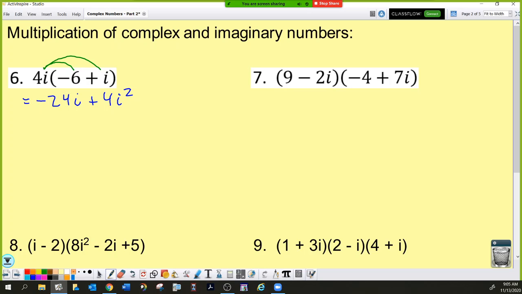Your answers must be in standard form. That means a plus bi, real stuff in the front, imaginary stuff in the back, no powers of i. I have a power of i here. It's i squared. But what does i squared equal? Negative 1.